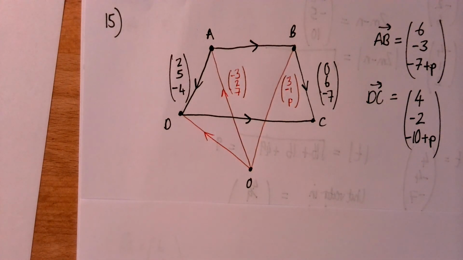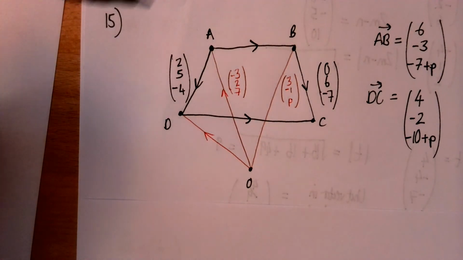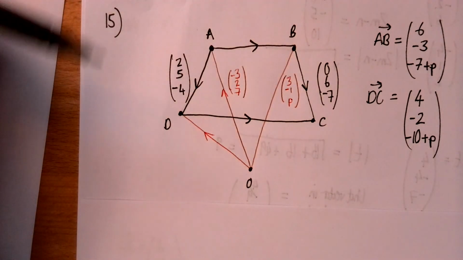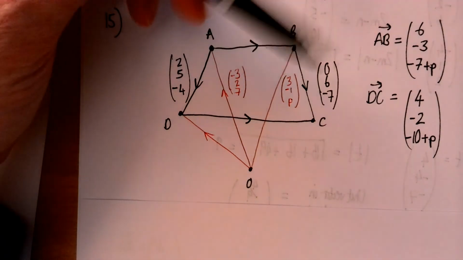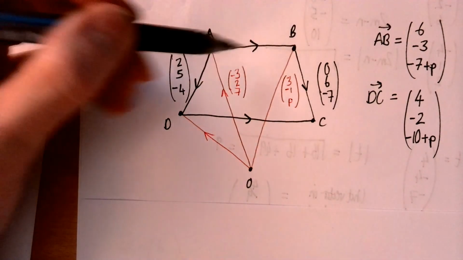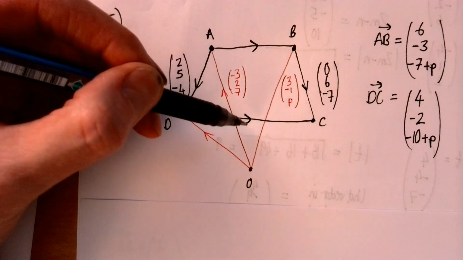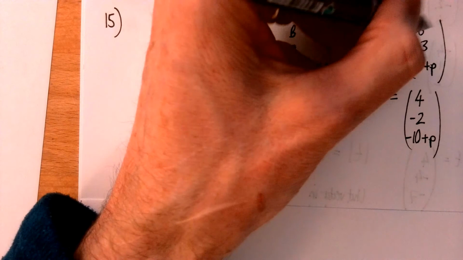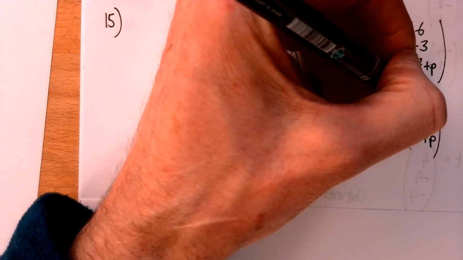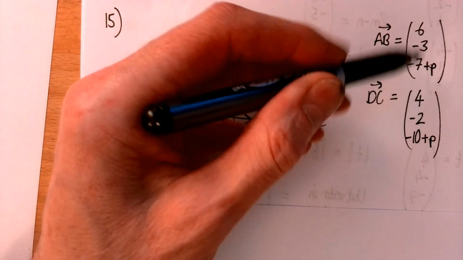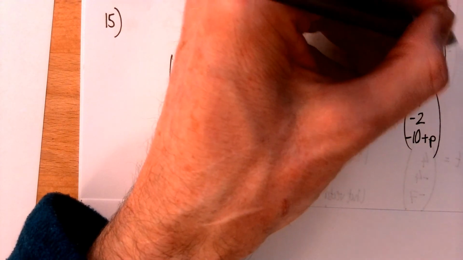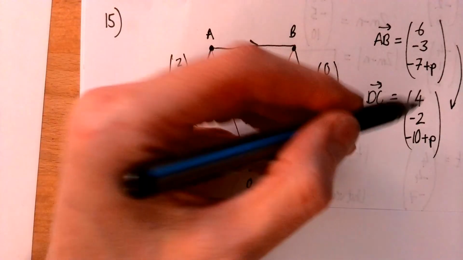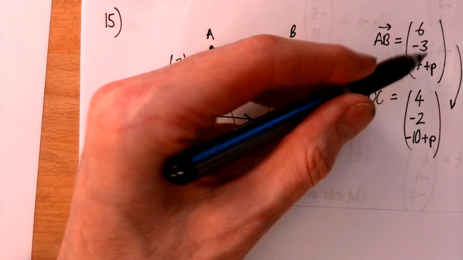Now if this is a trapezium, I know now that these two sides aren't parallel. This isn't a multiple of this. I can also see that neither of these sides are parallel to AB. So these two have got to be parallel. And that means that this has got to be a multiple of this. And I can see that going from 6 to 4, the multiplier is 2/3. Let's check to see if it works for the second value. It does.